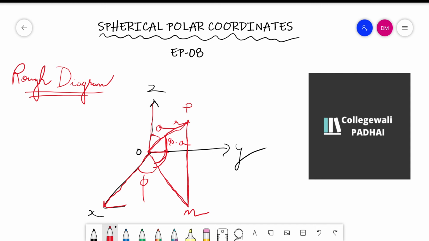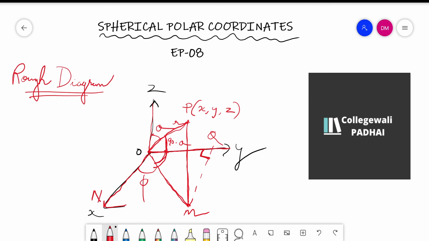Then from the point M, you can also extend Q. It also forms a perpendicular with this line. And let me tell you, P is a three-dimensional coordinate which has points X, Y and Z. So this was the basic diagram and the point is named N.